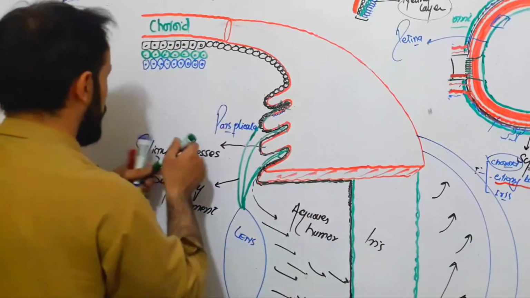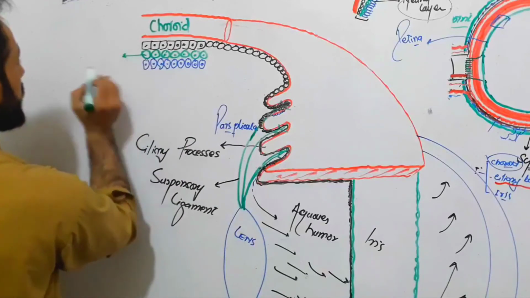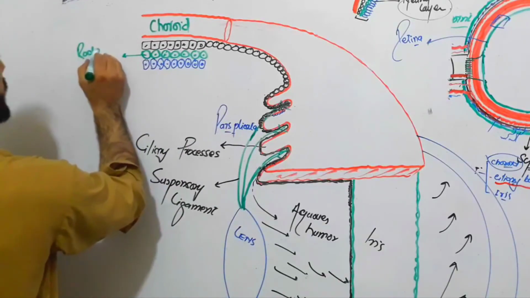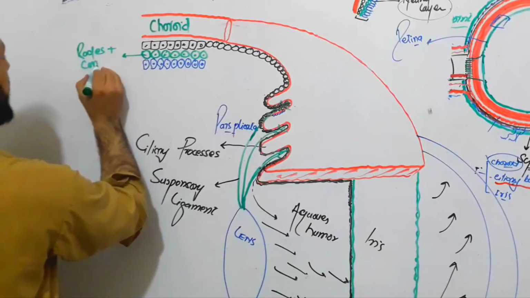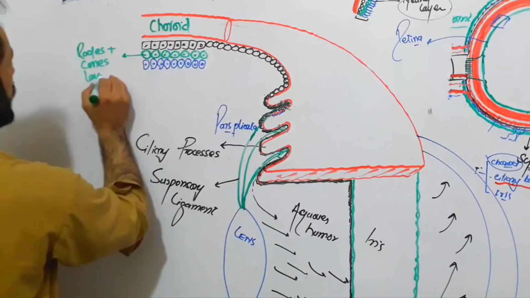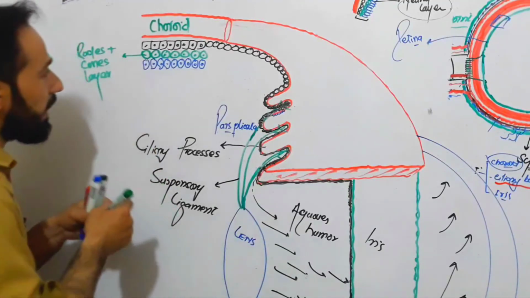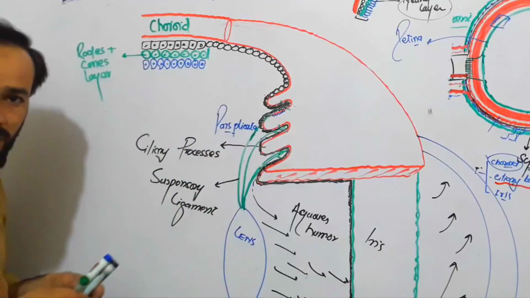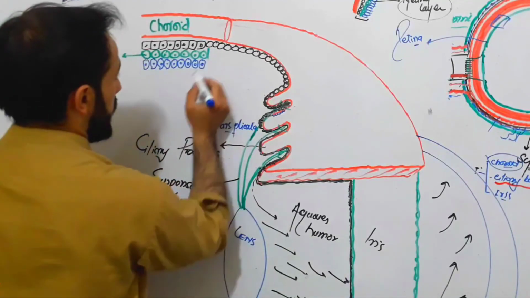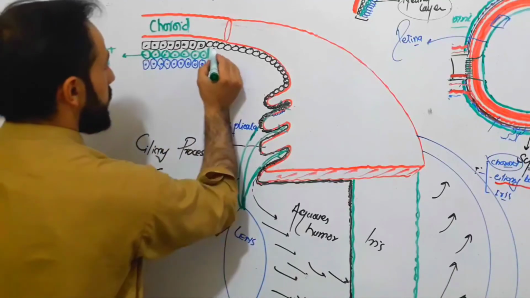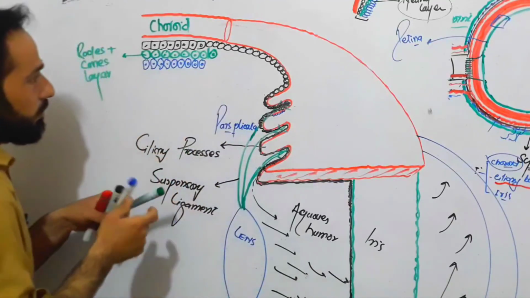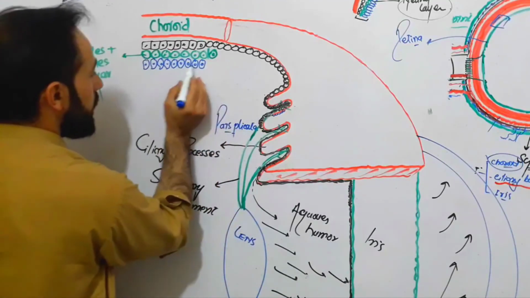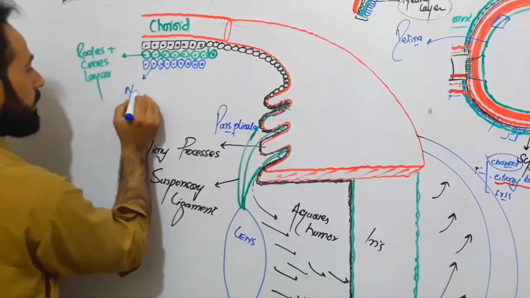And then what happens, look carefully, what is this layer? This is the rods plus cones layer, right? So this rods and cones layer will terminate here. They will not go further forward, right? What will go forward? Look, let me draw one cell more also. This is your neural layer, right?